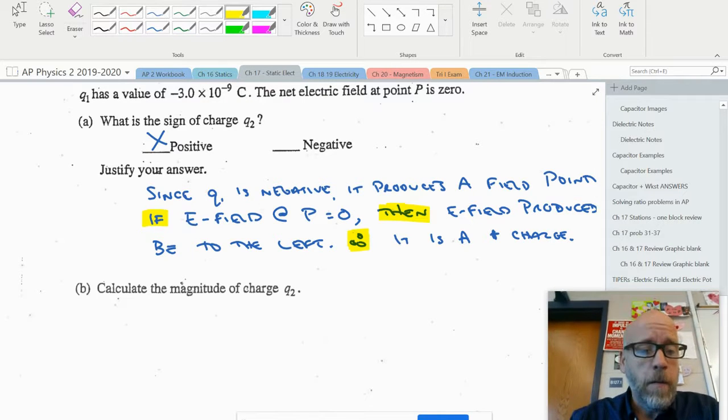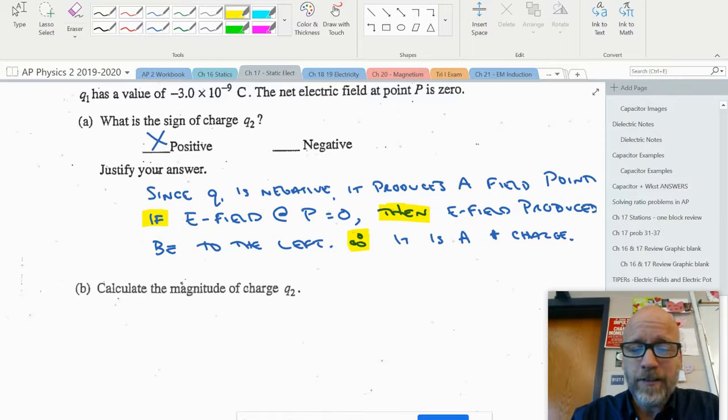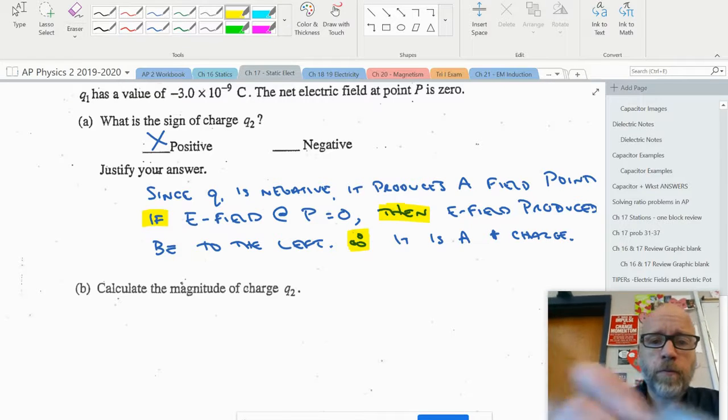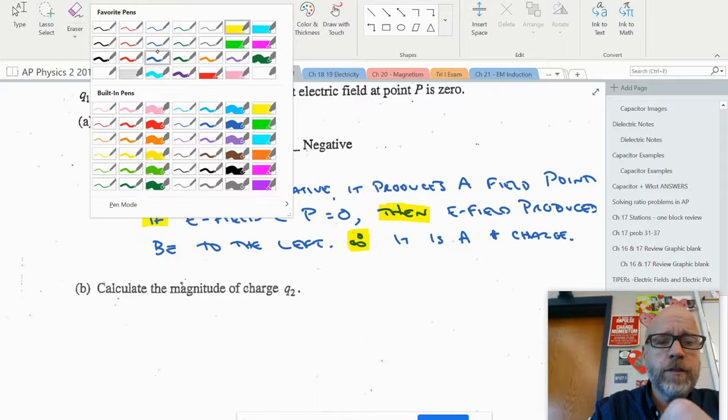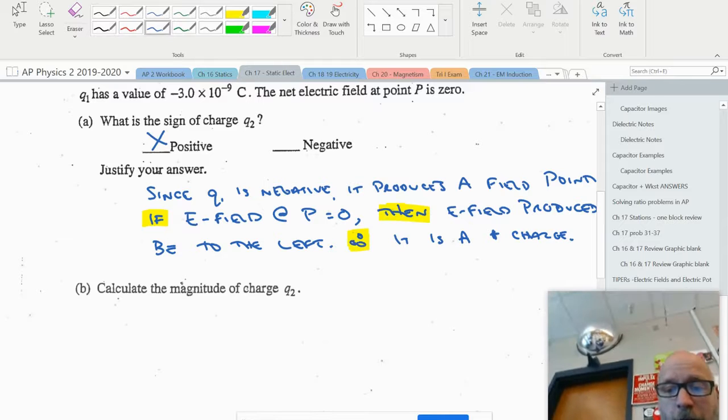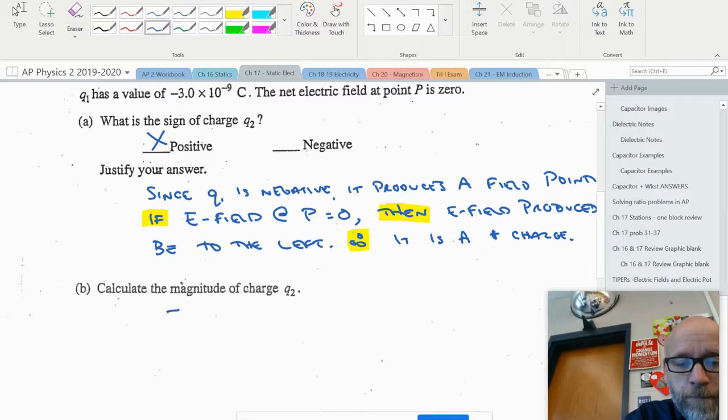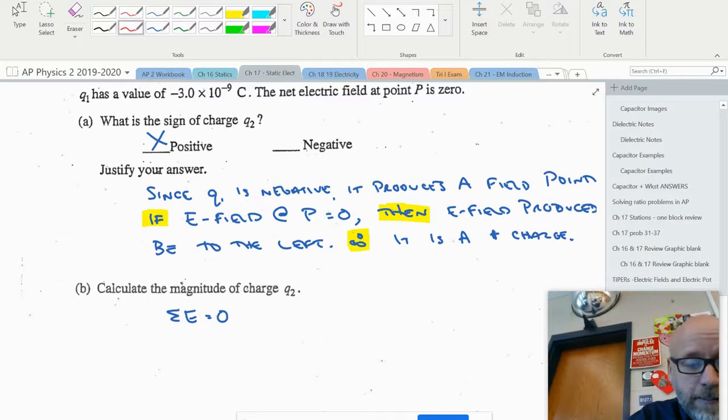Now, B says calculate the magnitude of charge Q2. Well, given the information that I have in this problem, I know that at that point, the sum of the electric fields is going to be 0. And because it's a field, I'm going to make it a vector and make it positive, pointing to the right.